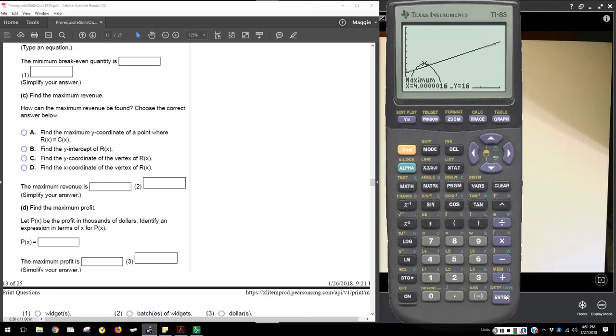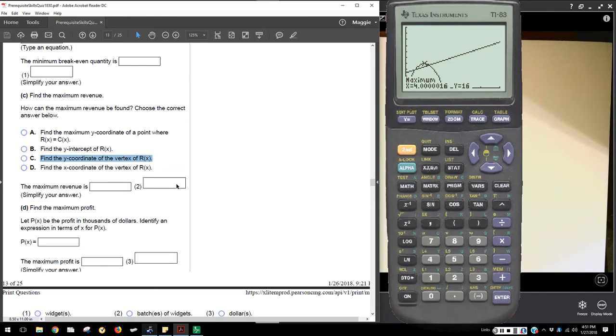The way that you actually find it is, since it says revenue, and revenue is R of X, you find the y coordinate of the vertex of R of X. And the maximum revenue is 16, and then this is $1,000.